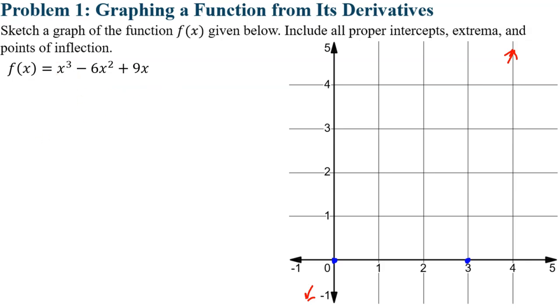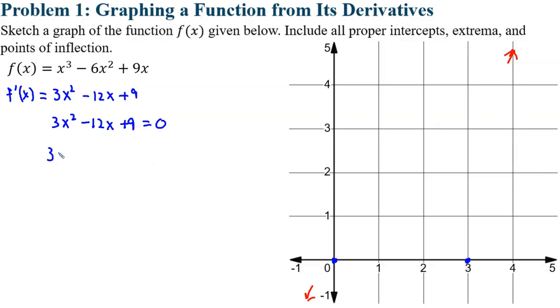For the extrema, the mins and maxes, we'll look at the derivative of my function. We'll find f prime of x, and using my power rule, that's just going to be 3x squared minus 2 times 6, which is 12x, plus 9. And we'll set that equal to 0. I suppose we can factor once again.